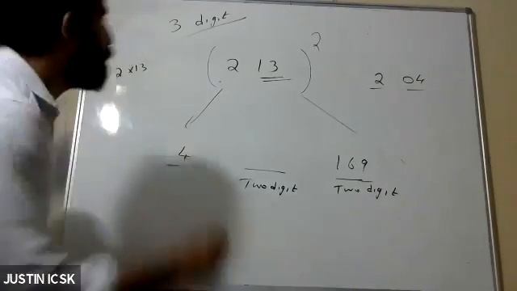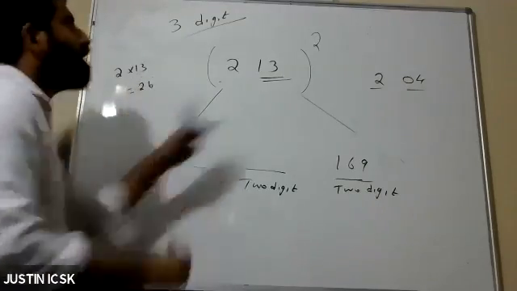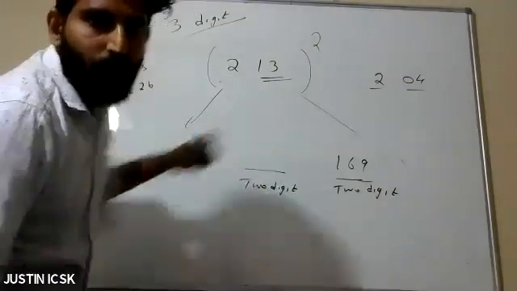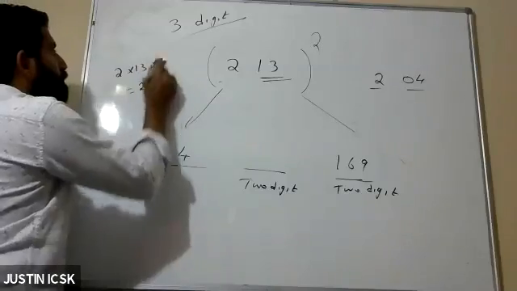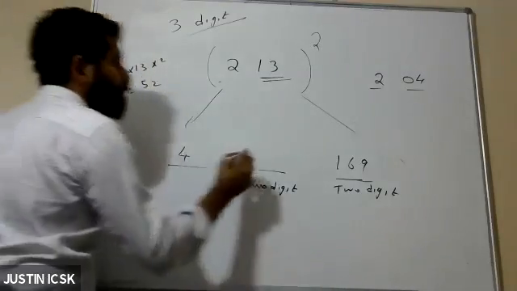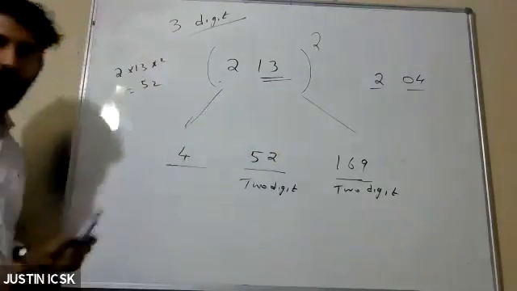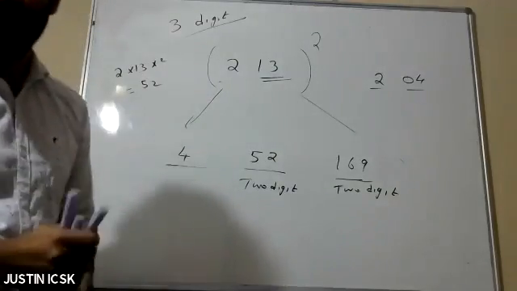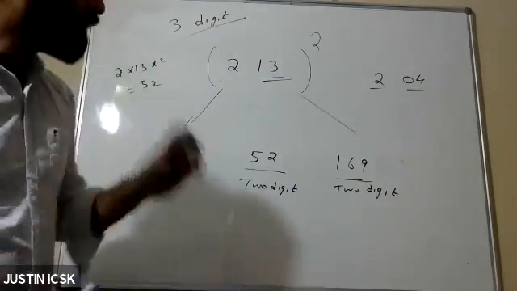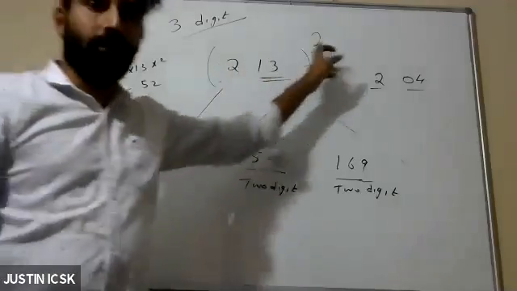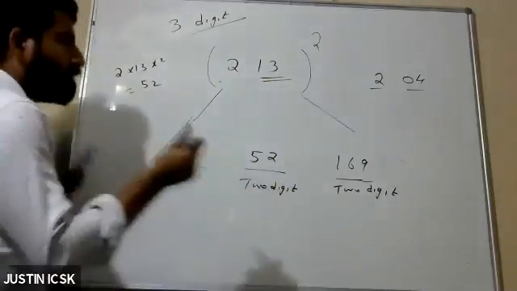2 into 13 is 26. 26 multiplied by 2, you'll get 52. Take your answer, 2 into 13. Now it is easy.